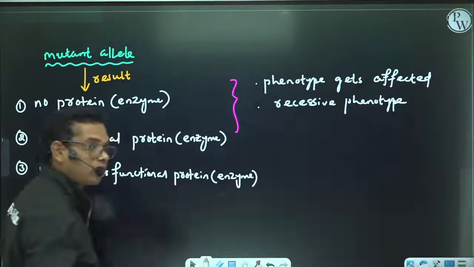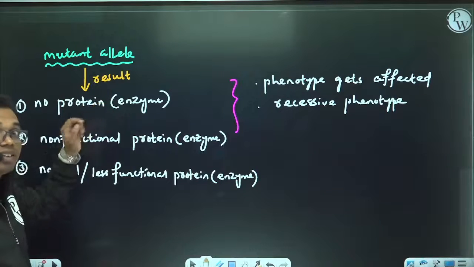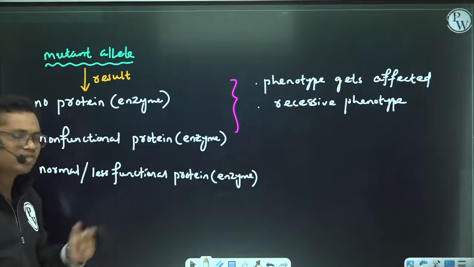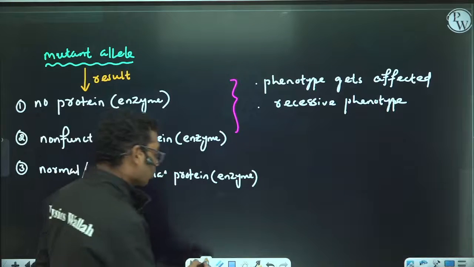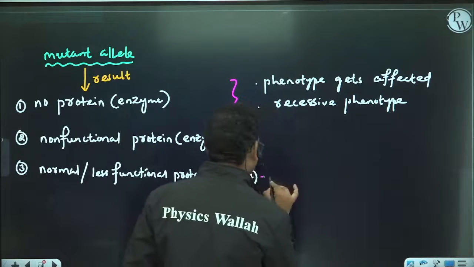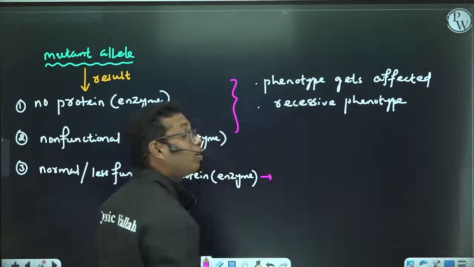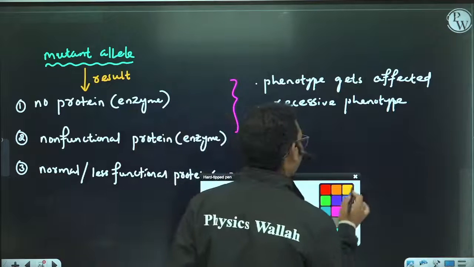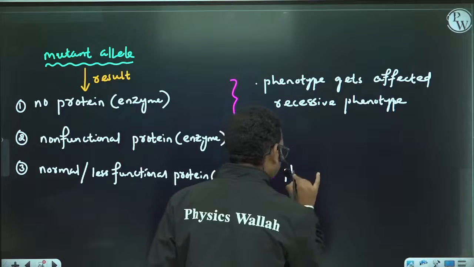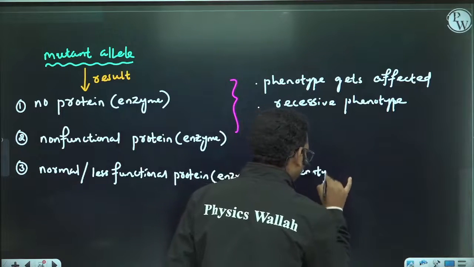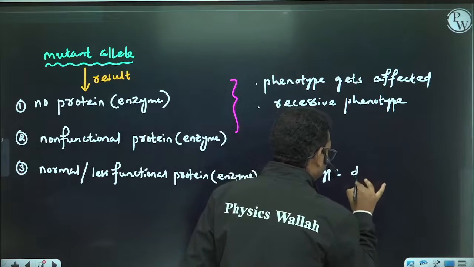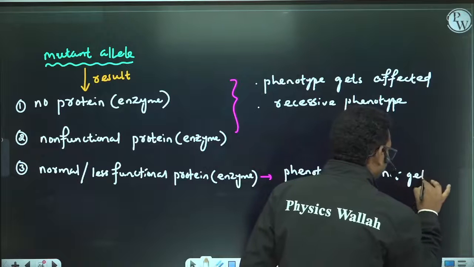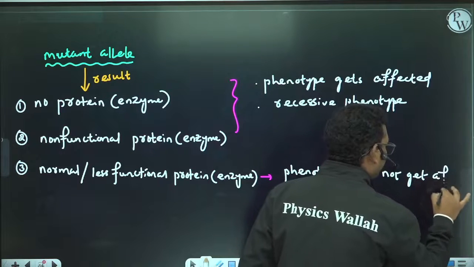Phenotype will be produced. But if the mutant allele still produces the normal enzyme or protein, or a little less functional enzyme or protein, in that case I will say the phenotype will not be affected, the phenotype will not be modified. So I will write that point here: phenotype does not get affected or modified.